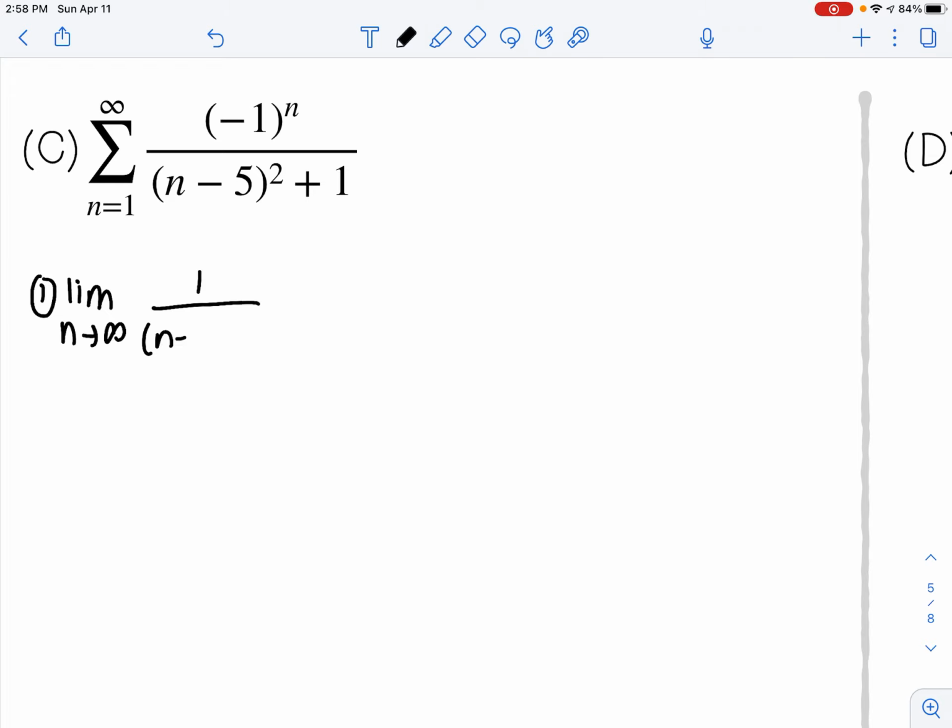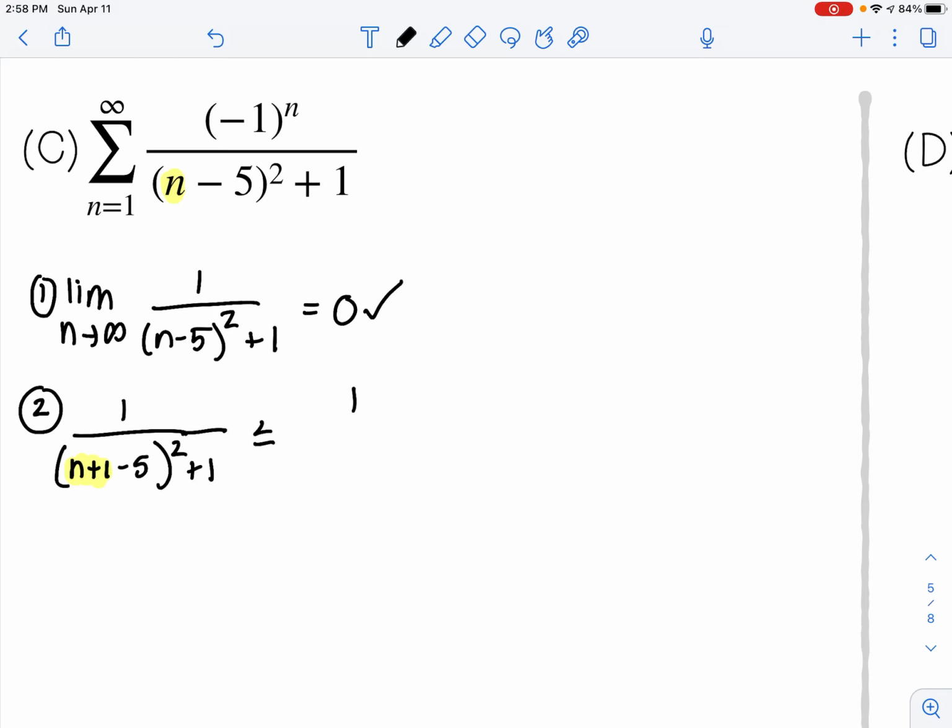So 1 over n minus 5 squared plus 1. Okay, well, that's obviously going to 0, so that part works. And then I want to show that 1 over n plus 1 minus 5, just plugging in n plus 1 for my n here, squared plus 1 is less than or equal to 1 over n minus 5 squared plus 1.